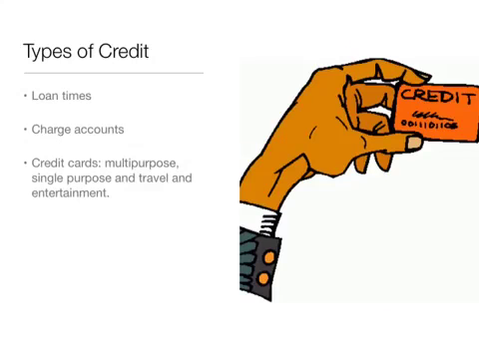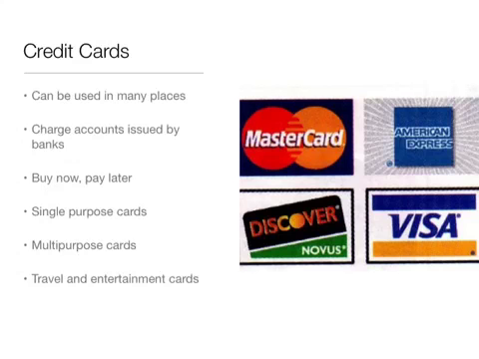Alright, types of credit. There are sources of credit, and loans can be short-term or long-term. And then there are also charge accounts, which are credit provided by a store or company for customers to buy its particular product. And there are multi-purpose, single-purpose, and travel and entertainment credit cards. Alright, so credit cards.